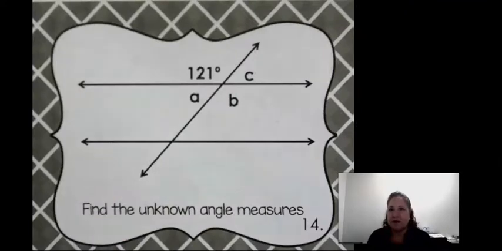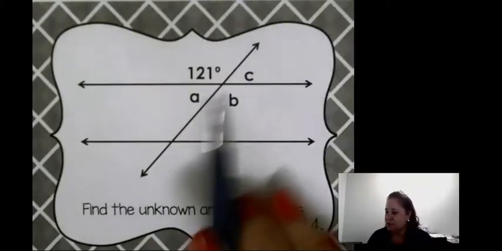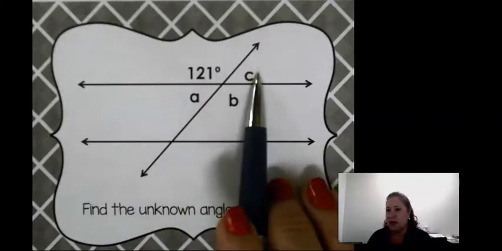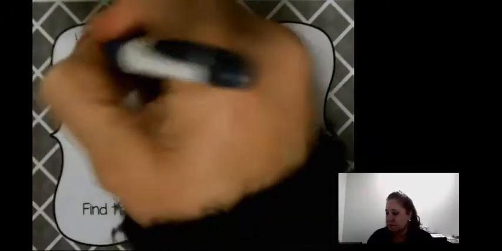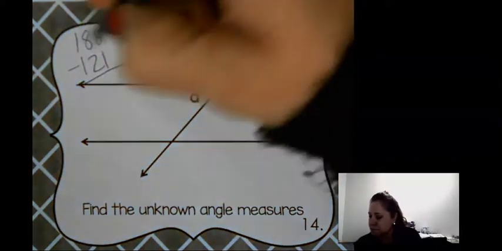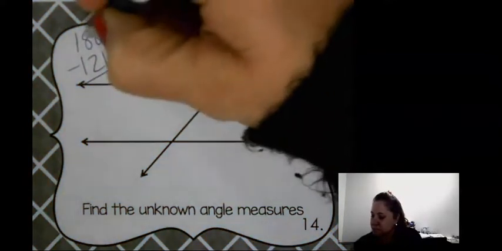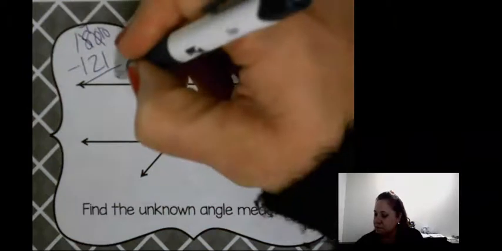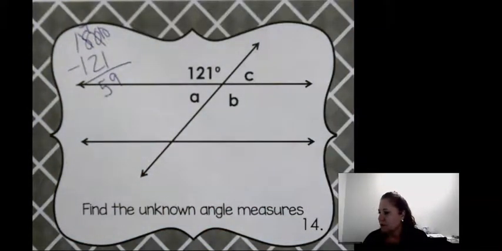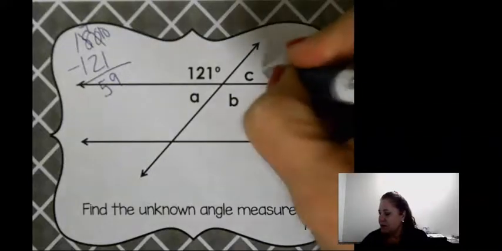Okay, here we go again. We're trying to find those supplementary angles. So if we know 121 plus C equals 180, what is C? Good, it's 59 degrees.